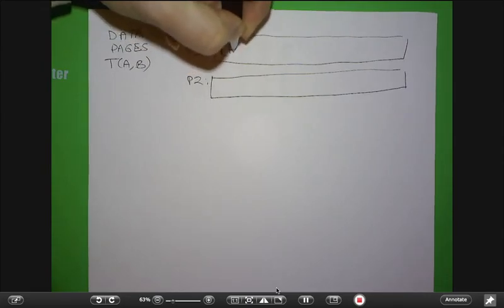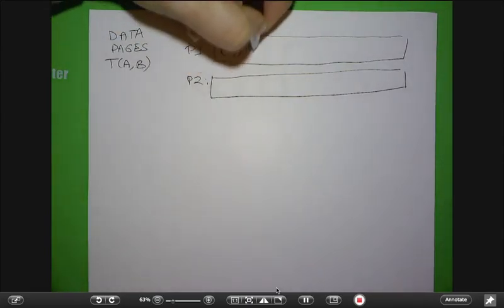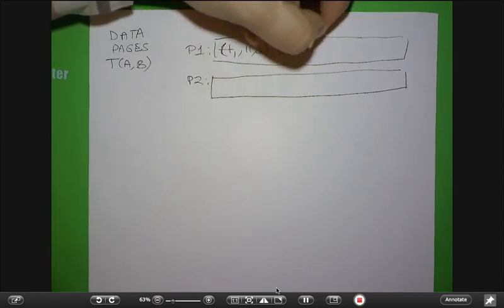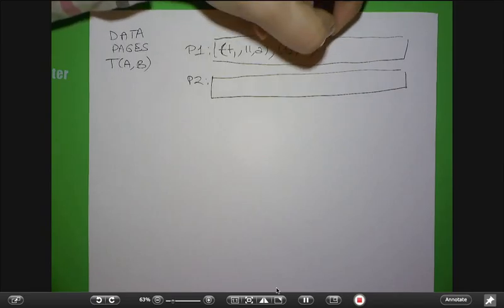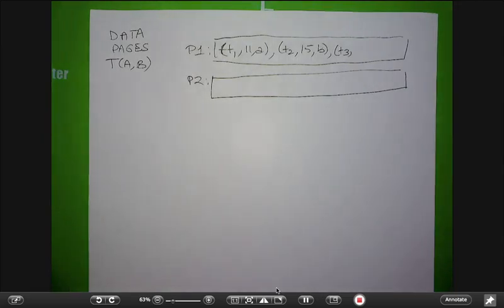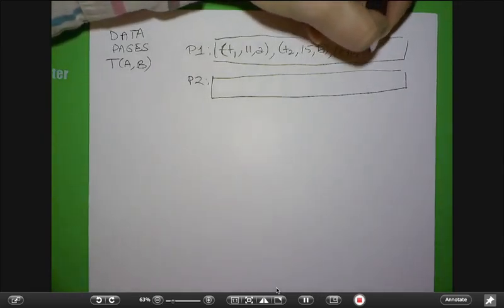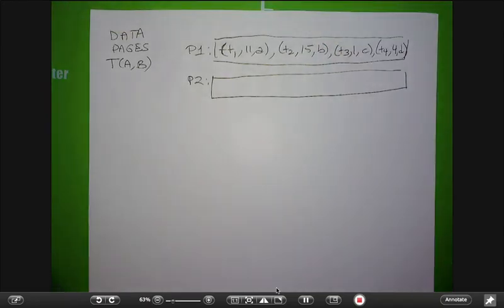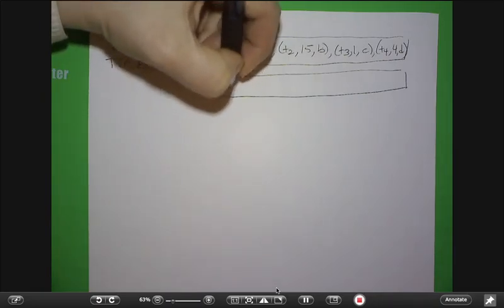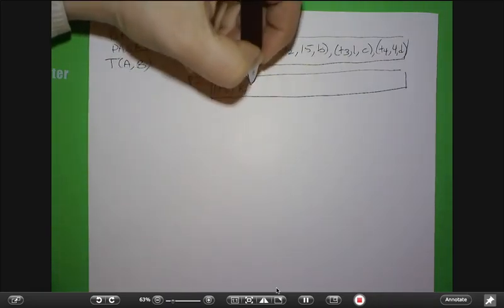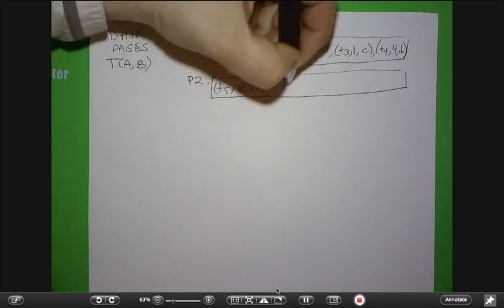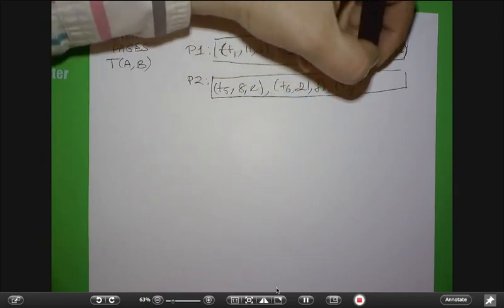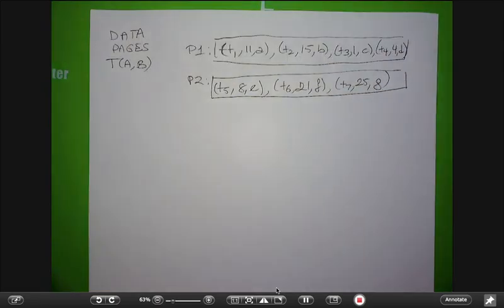One tuple, T1, has A of 11, B of A. T2 has A of 15, B of B. Tuple 3 has 1, C, and tuple 4 has 4 and D. And this one has tuple 5, 8, E, tuple 6, 21, F, and tuple 7, 25, G. Okay?